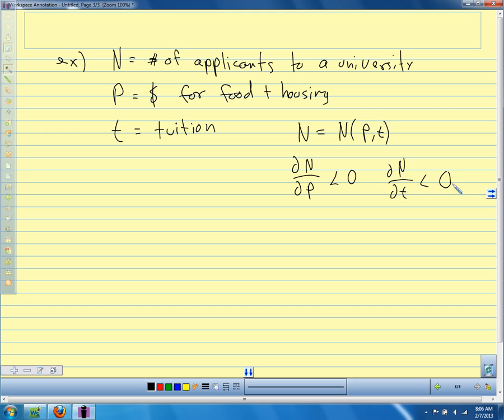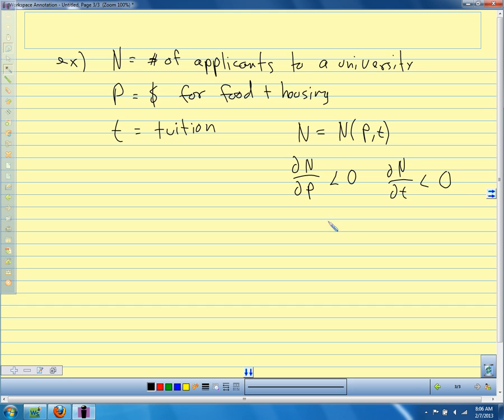What does this tell us? As tuition increases or the room and board payment increases, there are more applicants?